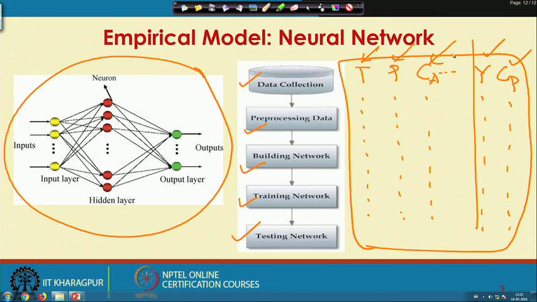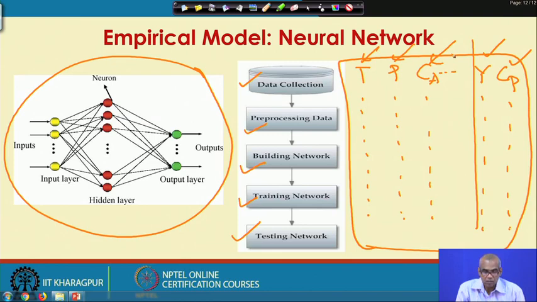You can learn more about neural networks elsewhere, but it will be sufficient for the purpose of this course to understand that a neural network is a data-based model which you can build if you have a good amount of data for the process. So, it is also a black box model.